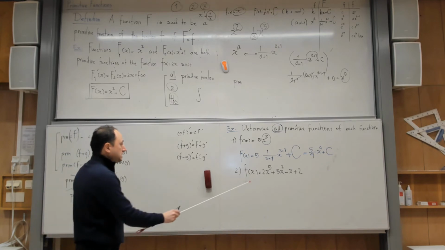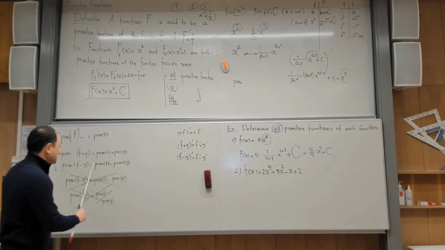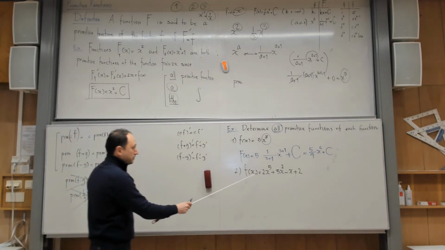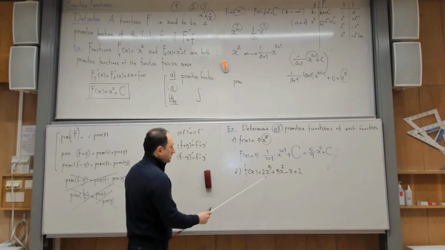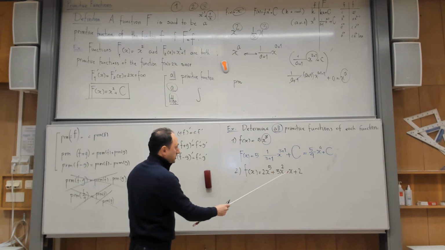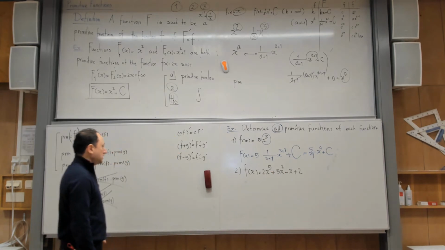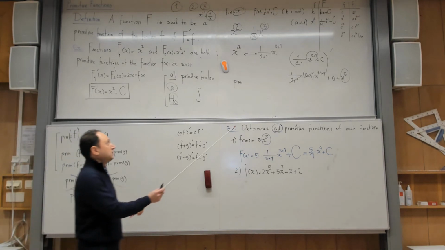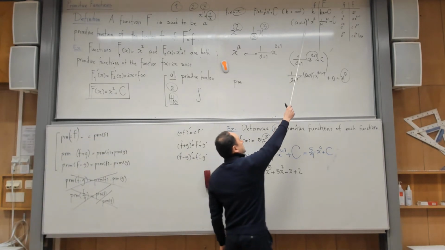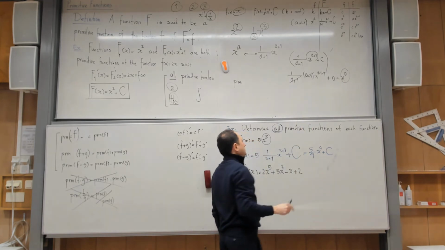But you see that I need all these rules, because I have a multiplicative constant everywhere. I have the sum of functions, I have the difference of functions, so I have to use all these rules. On top of that, I should be able to use the first 2 rows here. Yes, you will see why.